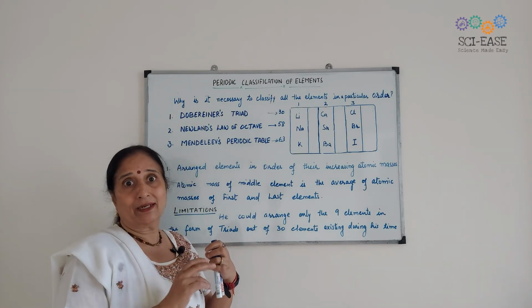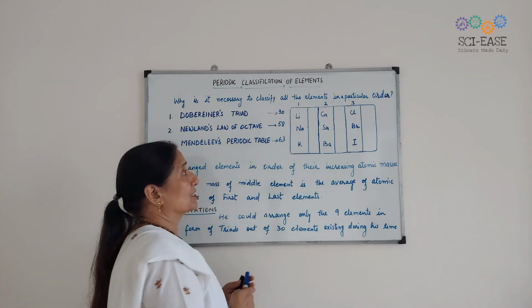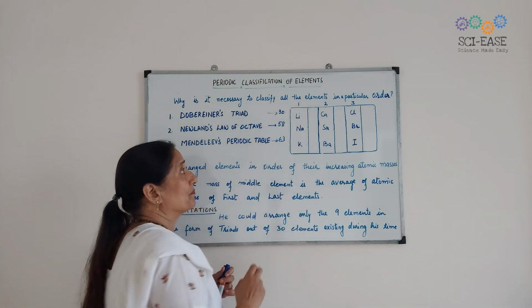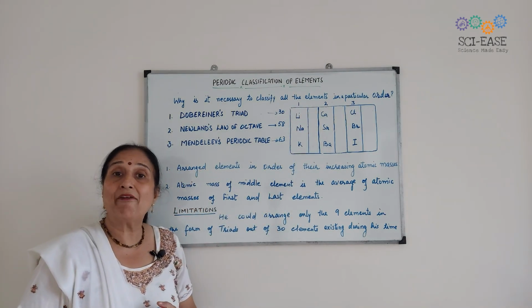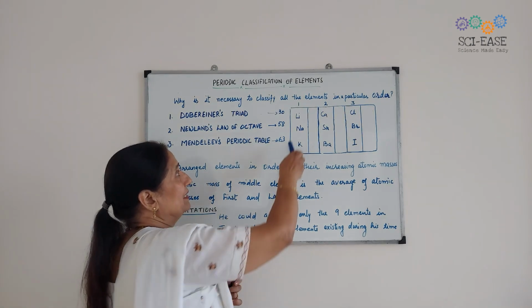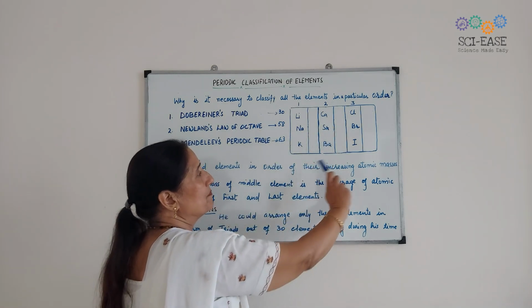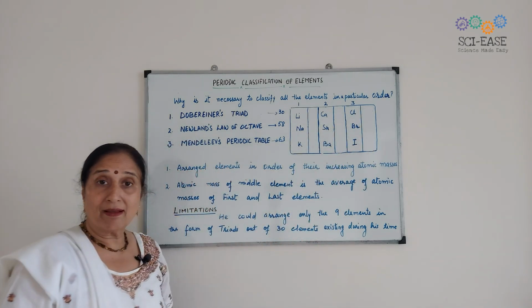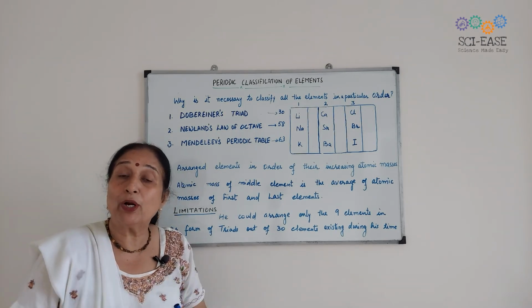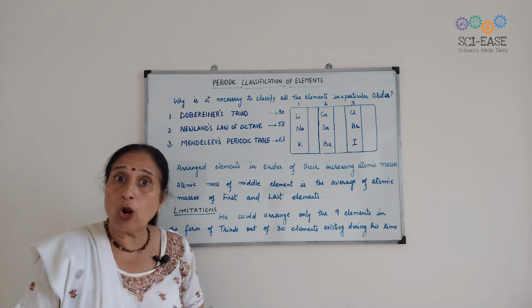And what he concluded from that is that the atomic mass of the middle element in the triad is equal to the average of the first and third. The triads are lithium, sodium, potassium; calcium, strontium, barium; and chlorine, bromine, iodine. You will see that the same sequence is there in the modern periodic table. This means he has contributed a lot.